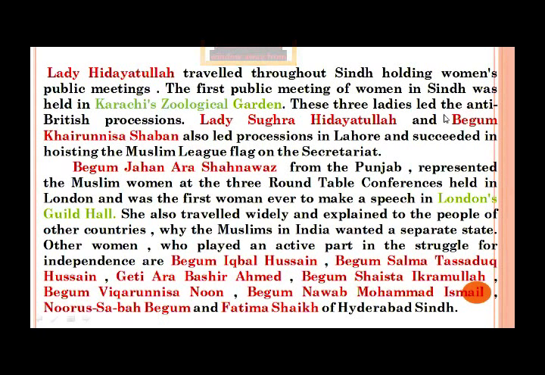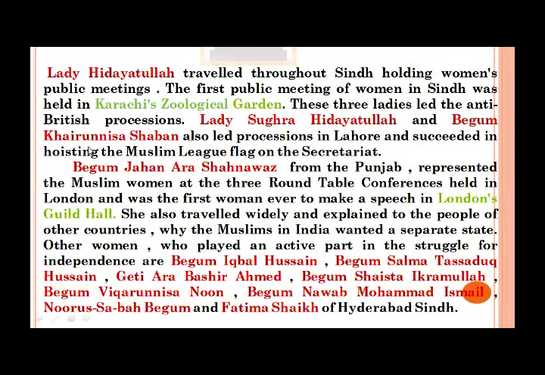These three ladies led the anti-British processions. Processions means when people come out against any idea or against any action. Protest, you can say. Procession means for protest when people come out. Lady Sughra Hidayatullah and Begum Khairunisa Shaban also led processions in Lahore and succeeded in hoisting the Muslim League flag on the Secretariat.